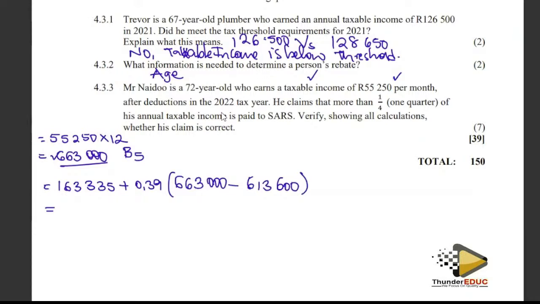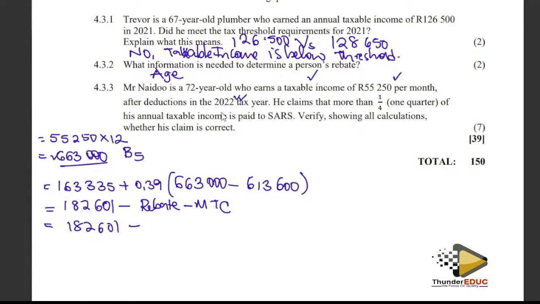All right, when I put everything in my calculator, I end up having this much. So we are going to subtract. This question is applying in 2022. So we subtract the rebate. Please, we don't subtract the threshold, we subtract the rebate. And if the person has medical aid, we also subtract the medical tax credit. So here the person is 72.